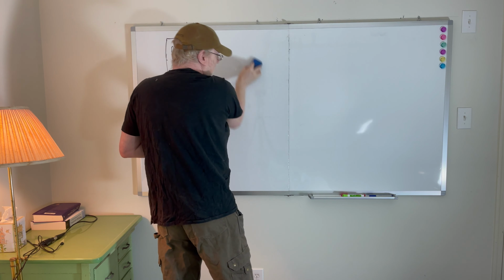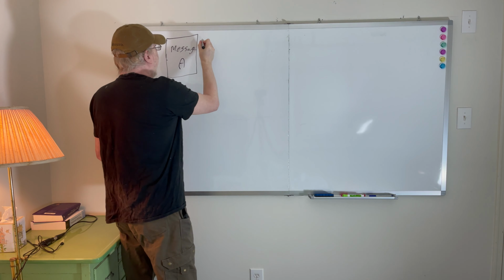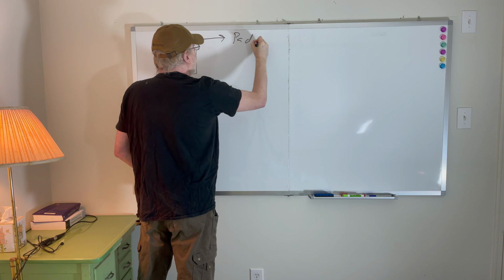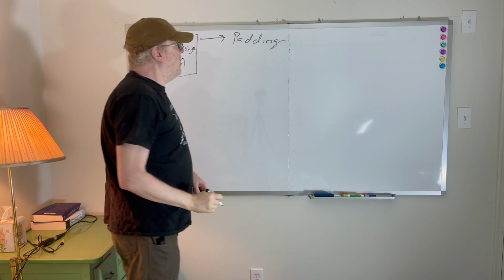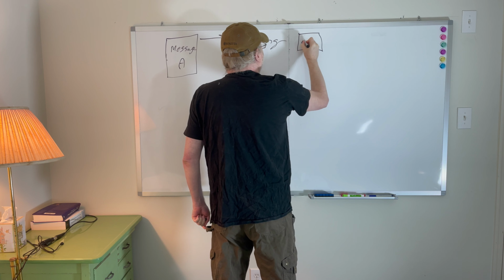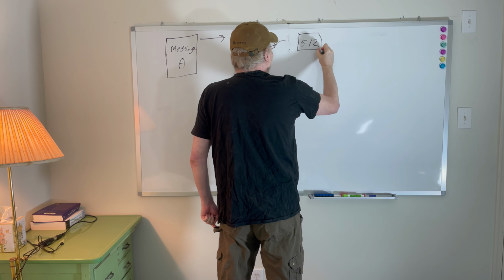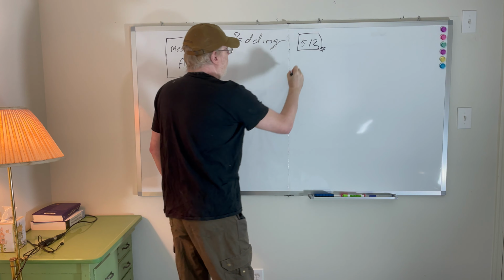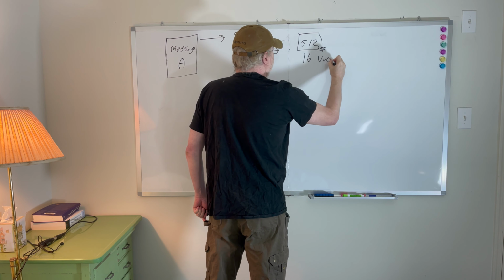So, what do we do here? Step 1 is padding. What we want to do is break the message up into chunks that are 512 bits, which is 16 32-bit words.